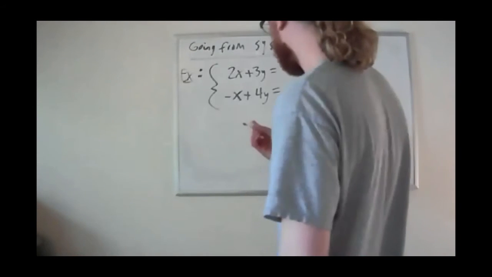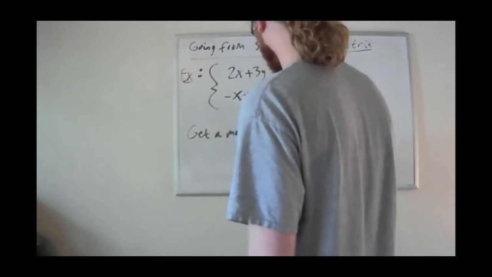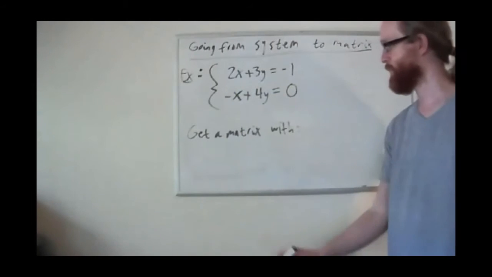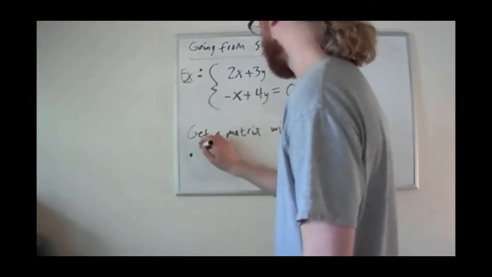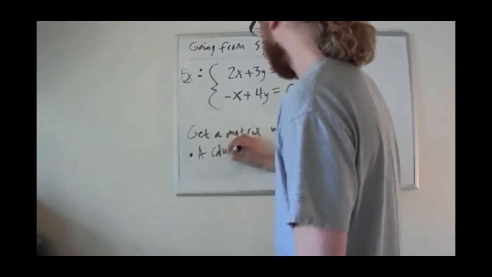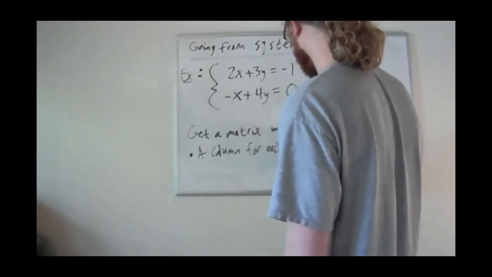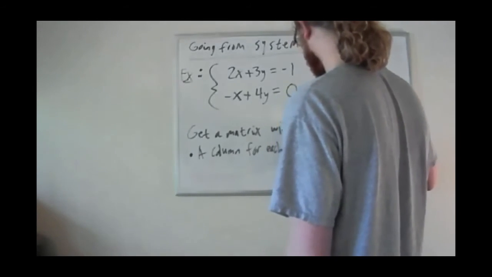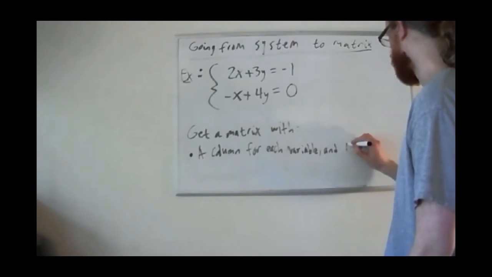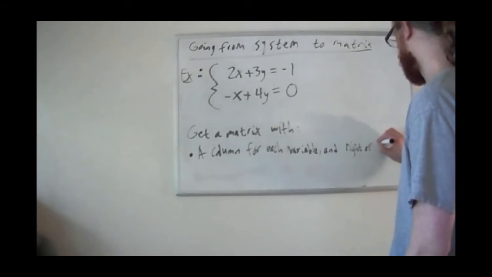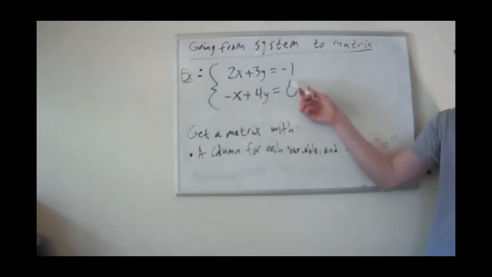So to get a matrix, I'm going to have a column for each variable, plus an extra column for what's to the right of the equal sign.